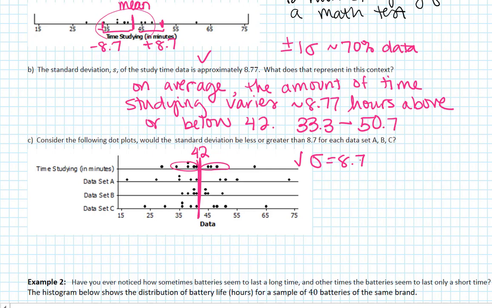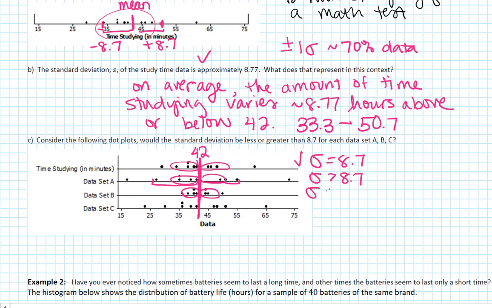If I look at this next one, that standard deviation of 8.7, yes, it grabs some of the data, but I'm still missing about 40% of the data. So I'm going to say my standard deviation is greater than 8.7 because I would need to make that reach a little bit longer on either side of the mean to get most of that data. On data set B, going from 42, I don't even need a standard deviation as large as 8.7 to grab most of my data points because they're stacked pretty closely. There's not a lot of variance.